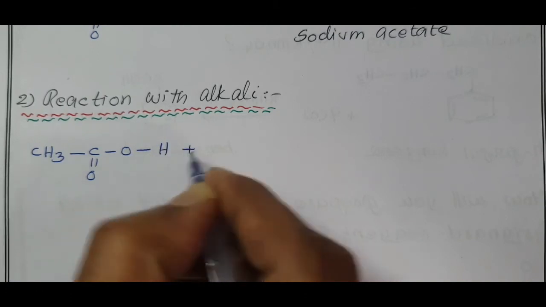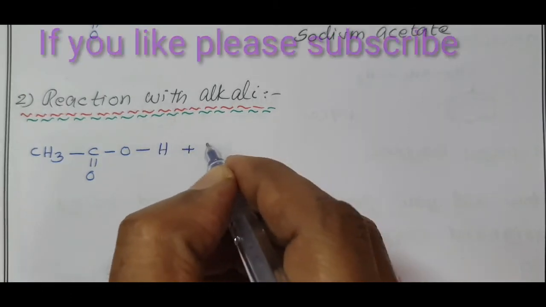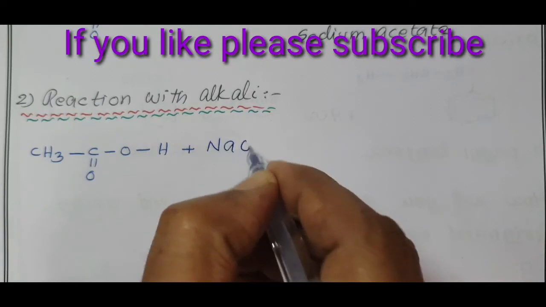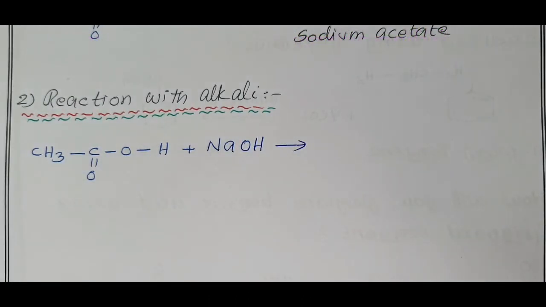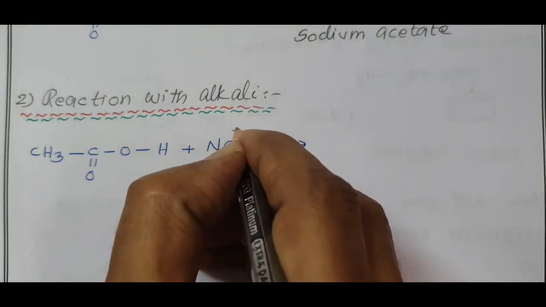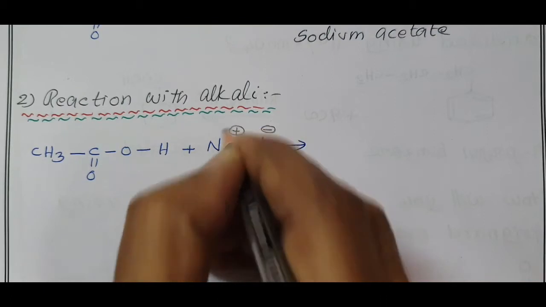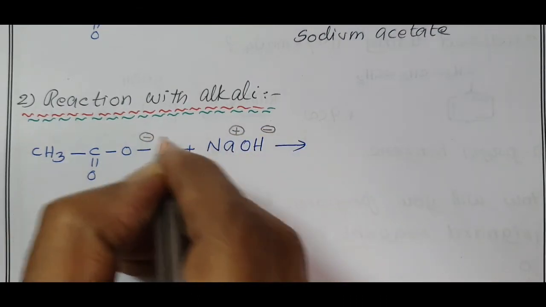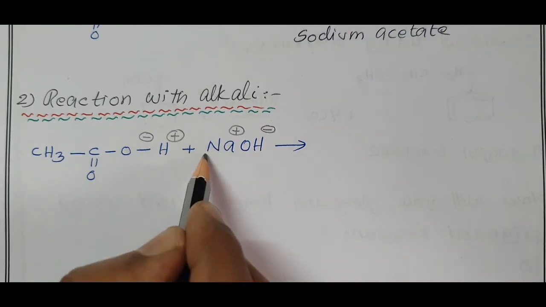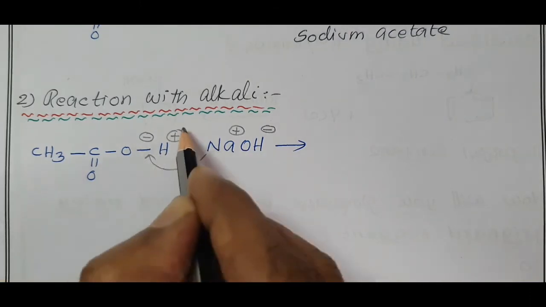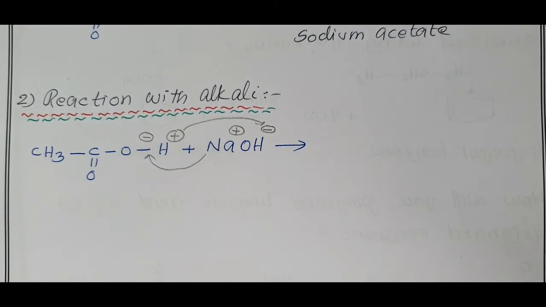Acetic acid undergoes neutralization reaction with a strong base, sodium hydroxide. Sodium hydroxide undergoes ionization giving Na plus and OH minus. Acetic acid undergoes ionization giving acetate ion and H plus. This plus combines with the minus.